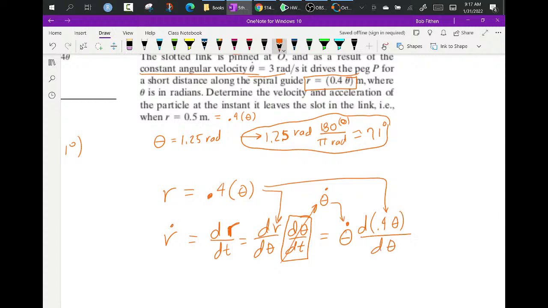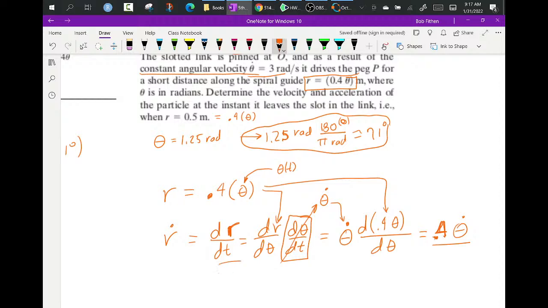I can bring that 0.4 out, and I just get 0.4 times theta dot. Did I circle around? Yeah, because theta is a function of time, so I could have just dotted it and I would have got the same result.